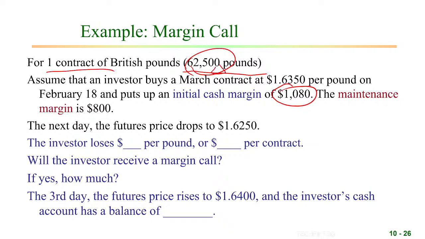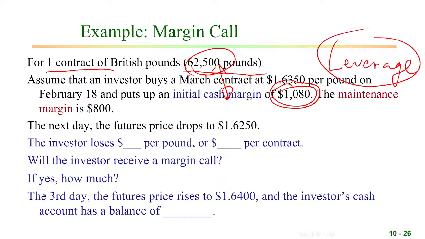Using this initial margin account of only $1,000, you can trade on 62,000 pounds. That is a leverage. That's a huge leverage. Leverage means risk. It's very risky. And suppose the maintenance margin is 800.